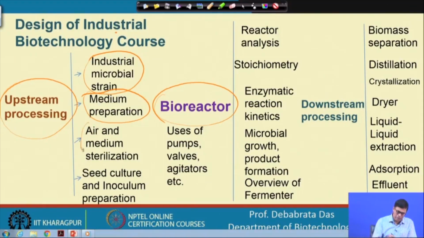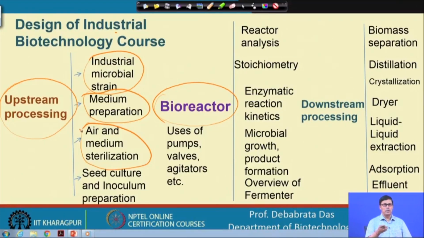Another important upstream processing step is air and medium sterilization. I told you that our desired organism should grow in the media, so conditions should be 100% sterile, otherwise other organisms will interfere in the process and hamper our biochemical processes. I can give a typical example: I worked with a citric acid industry, where we produce citric acid using Aspergillus niger from cane molasses.